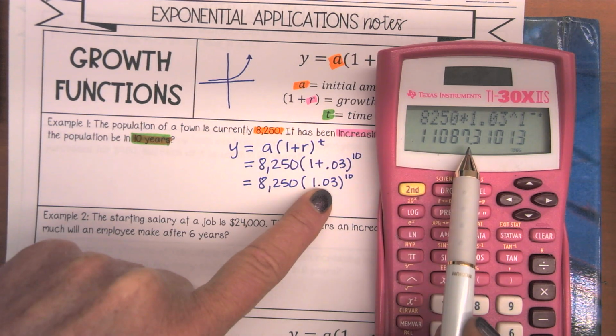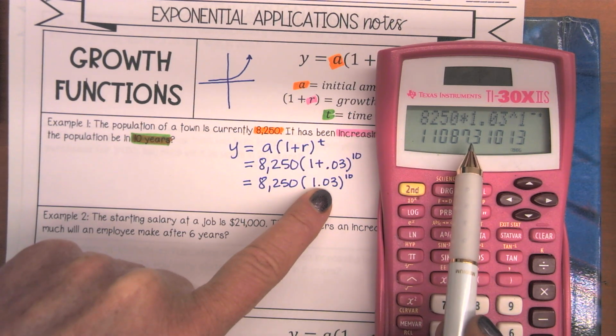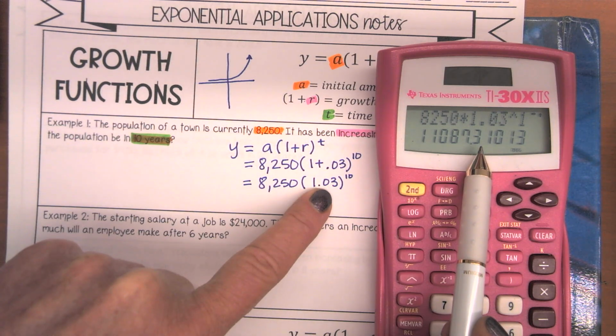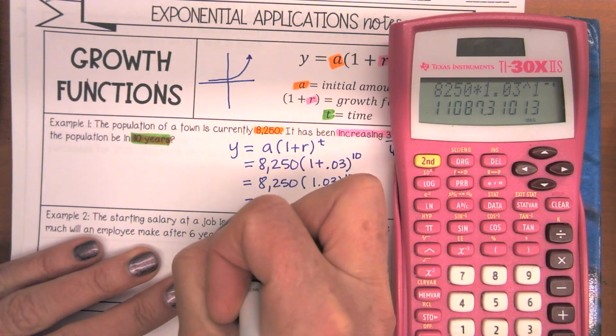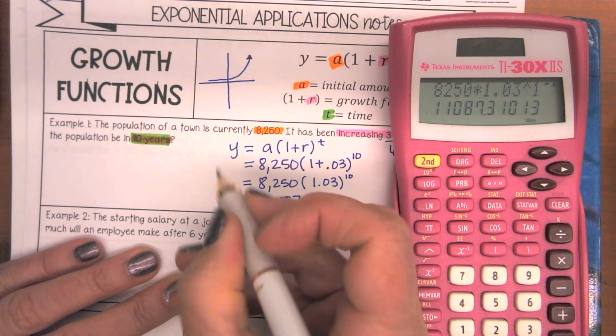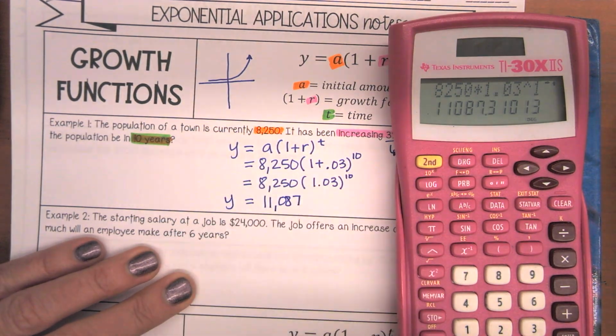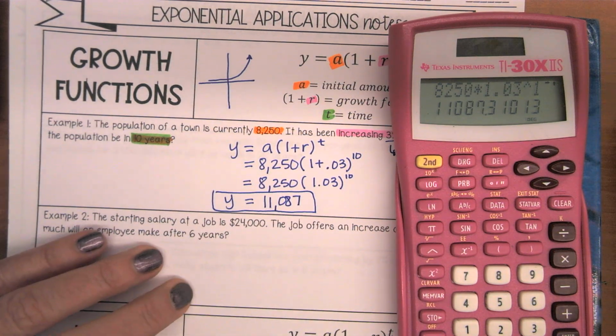Wow, that's a lot of people. In 10 years, there will be 11,087 people. I'm not going to use the 0.3 because you can't have a third of a person. So that is how many people will be in this town in 10 years.